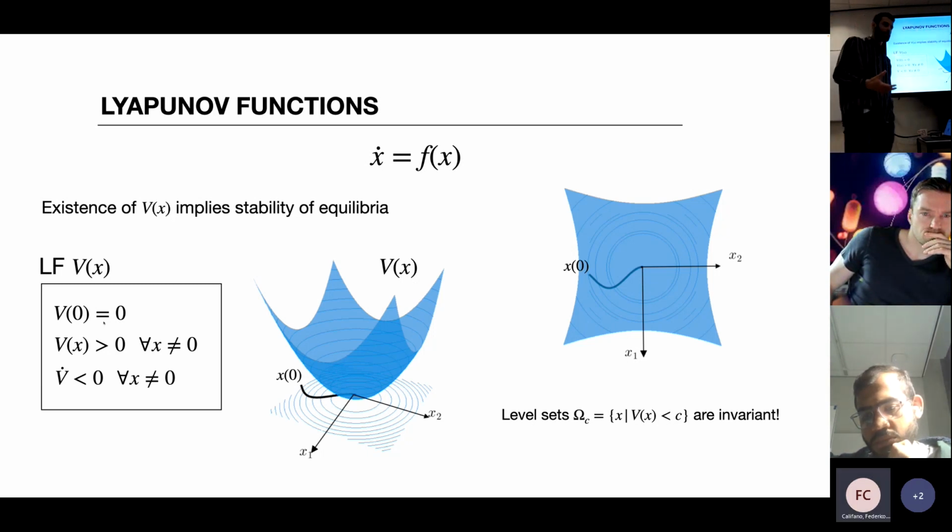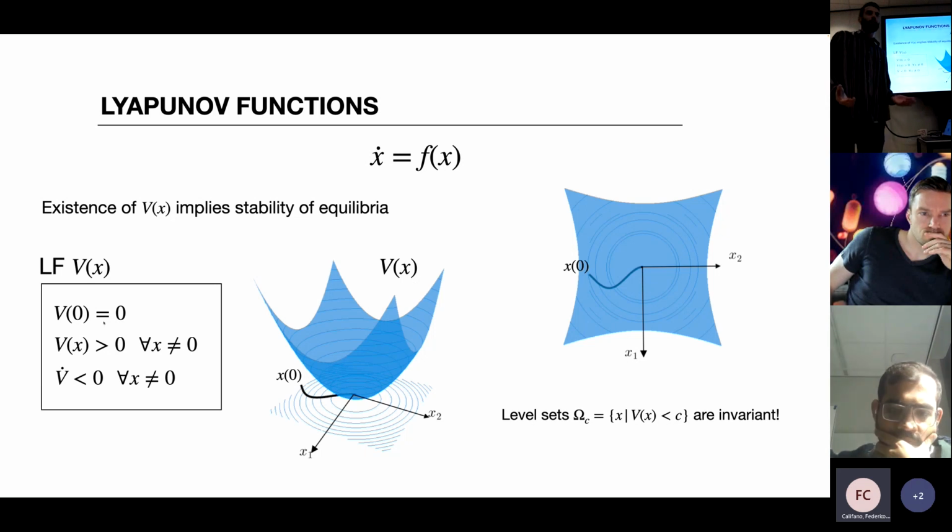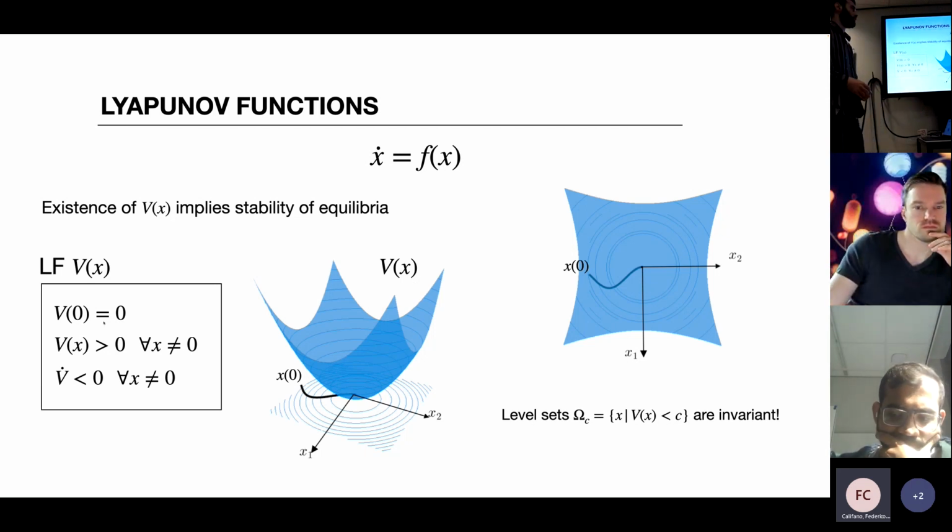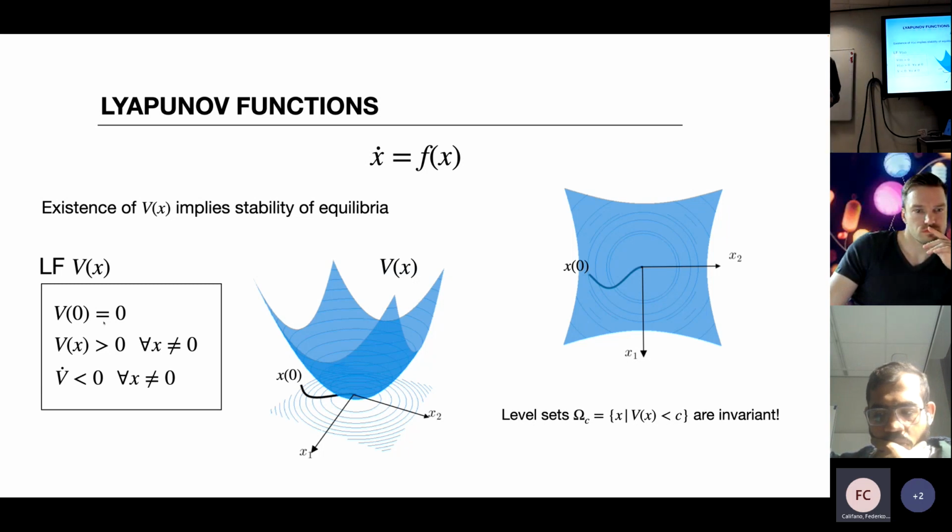When the system is complicated, nonlinear, as for example the dynamics of a robot or a drone or a fluid or an elastic body, it's very difficult to understand the evolution of the system, to analyze its stability properties, the equilibria, and so on, simply because we cannot solve such a system.